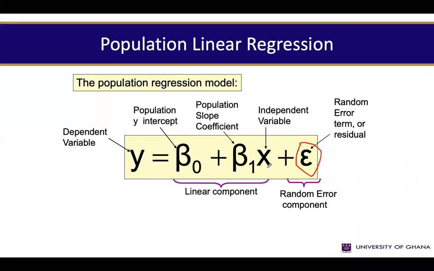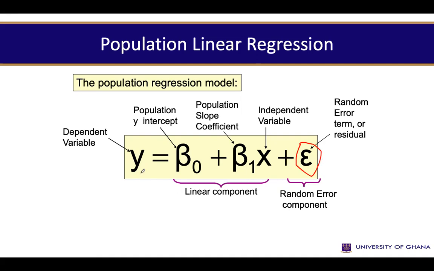The fact that I'm able to predict your quantitative method score doesn't mean that I will get it accurately. Perhaps I will get a value that is close to your actual score, but I may not get the accurate score. So the difference between the actual and the predicted value is measured with the error. That is basically why we have the error as part of the model.